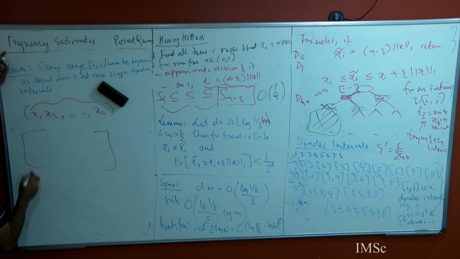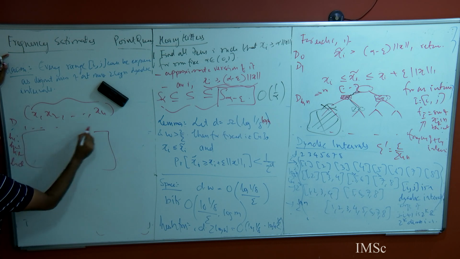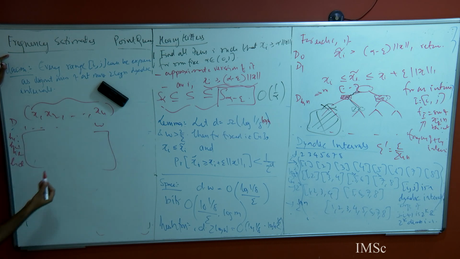Our general matrix, if you remember, had hash functions H1, H2, up to HL, with range 1 to W. But we knew that each Hi has a domain 1 to n. So that n is there with us.